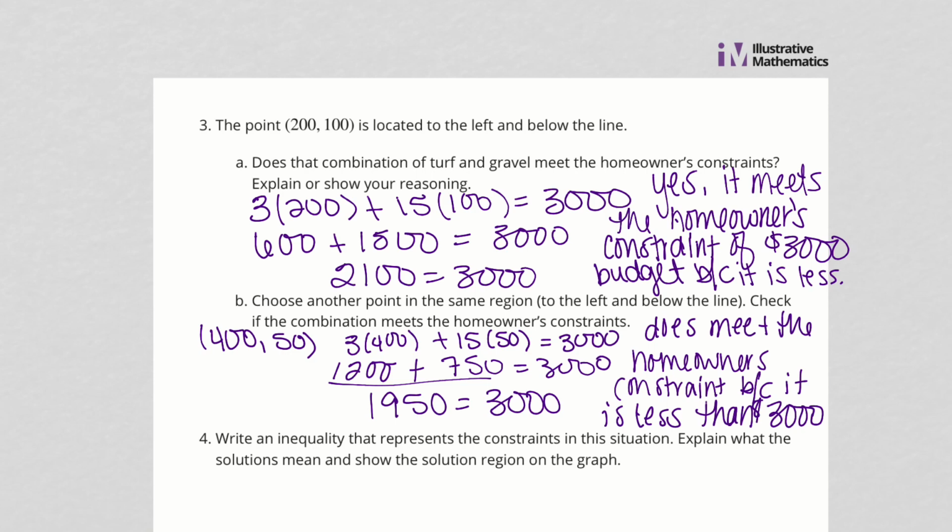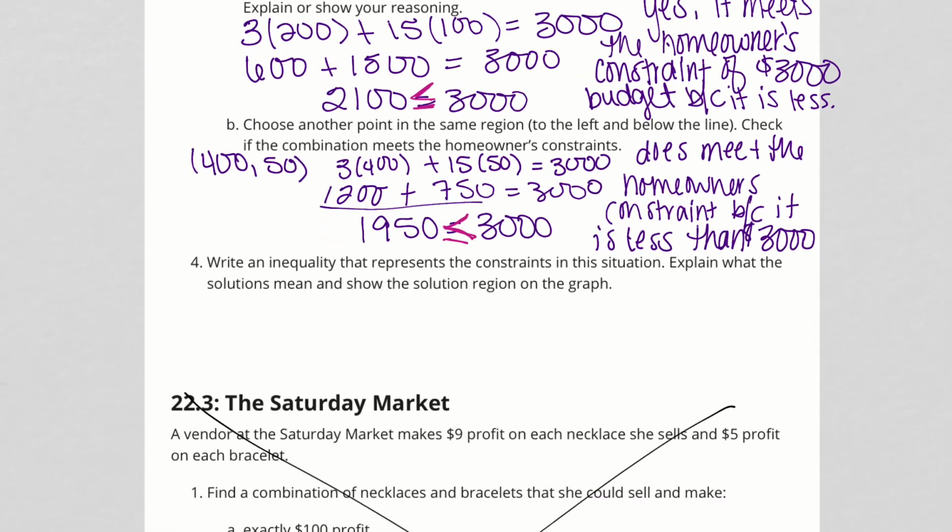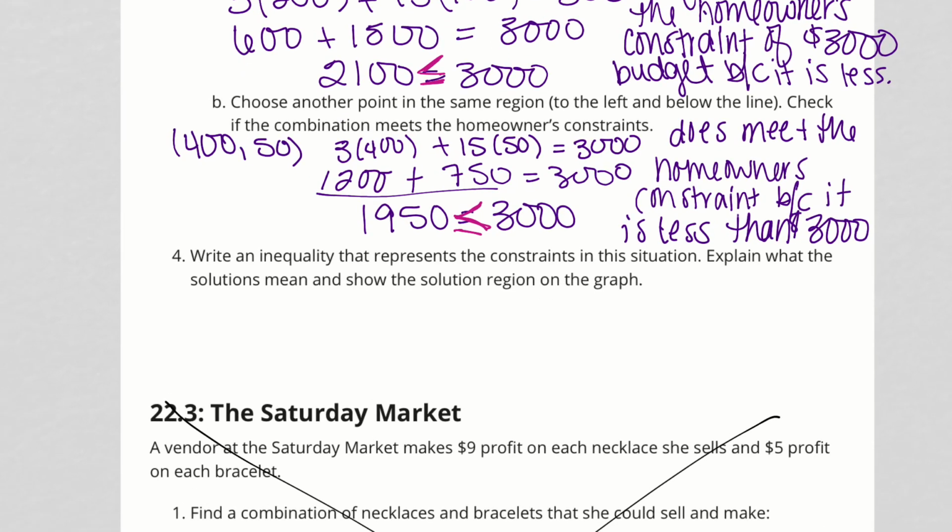So I'm going to go in and I'm going to change these signs because it's less than or equal to. Less than or equal to. So with changing that, do you see an inequality that represents the constraint in this situation? And then shade and show the solution region on the graph. So I'm going to write down my equation that I had earlier.